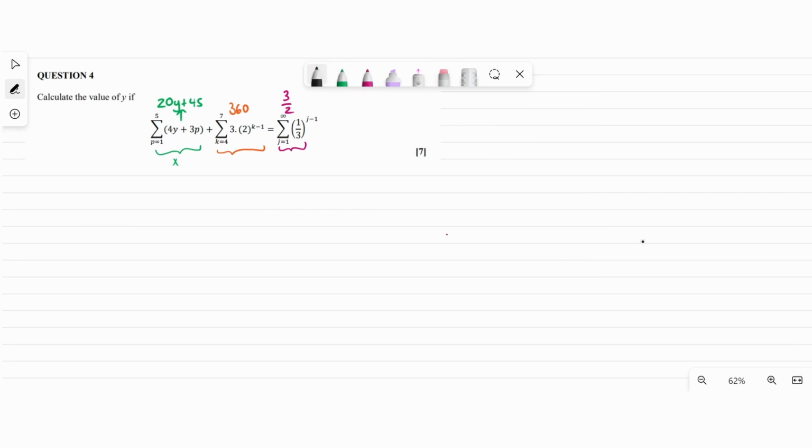Now what you're going to do is combine your green, orange and pink together. So you're going to say 20y plus 45 plus 360 is equal to 3 over 2. Then you're going to take the 45 and 360 to the other side. So 20y is going to be equal to minus 807 divided by 2.